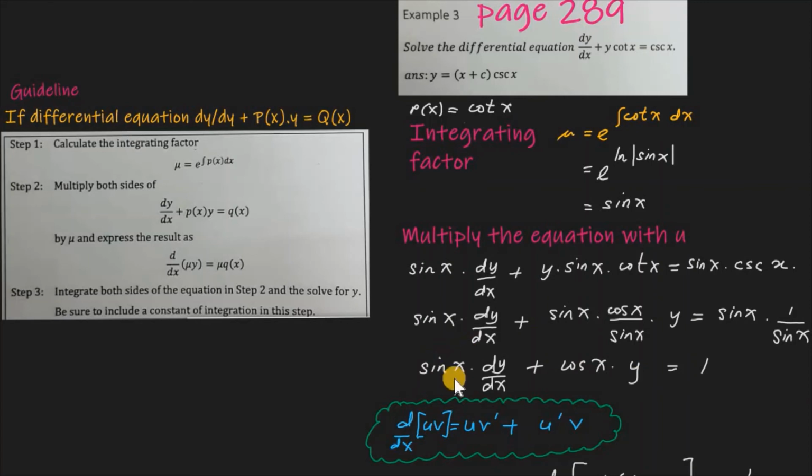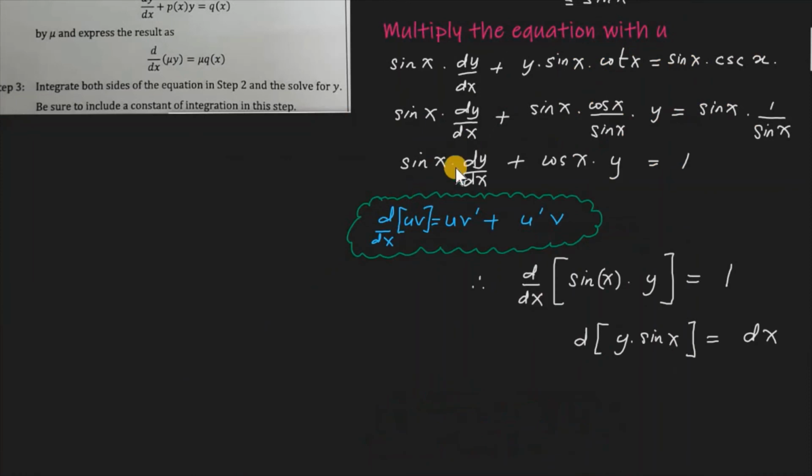So this notation, we can combine using the product rule. From this, now we go to this. Again, this notation we can combine such that it becomes u, which is sine x, and v is the y. So we combine it, right?